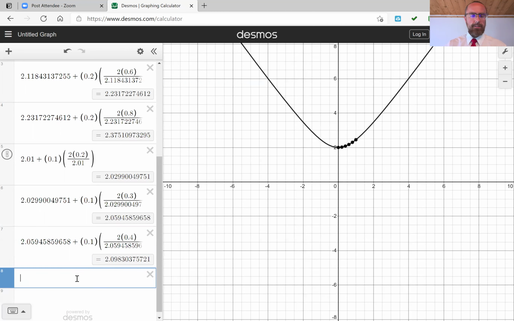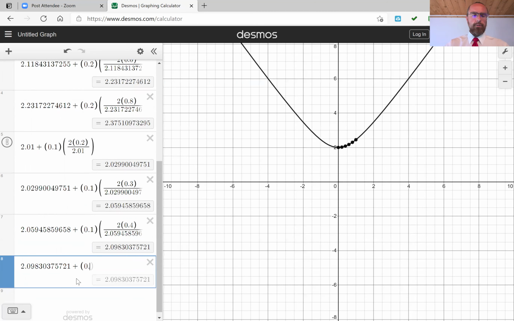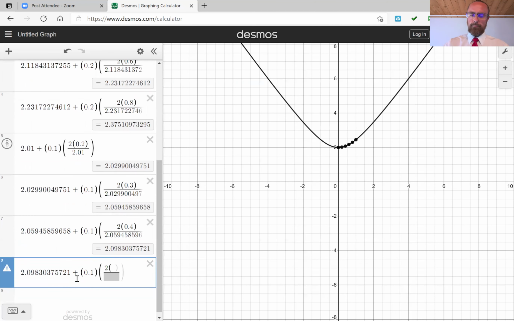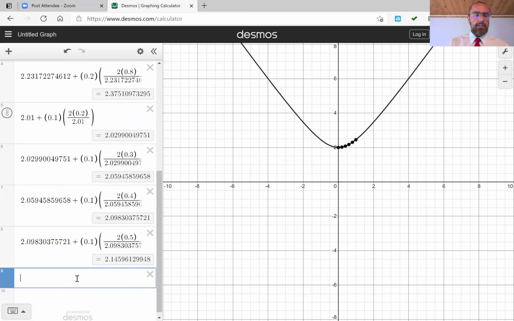So I'm going to copy paste and just kind of carry on with my algorithm here. 0.1 times the function 2 up by 0.1 for my x value, so 0.5, and paste that previous term in the denominator. So this I'll include, this is y sub 6, that's 2.1460. That's what I'll report.